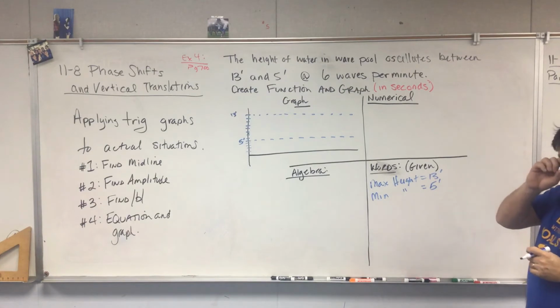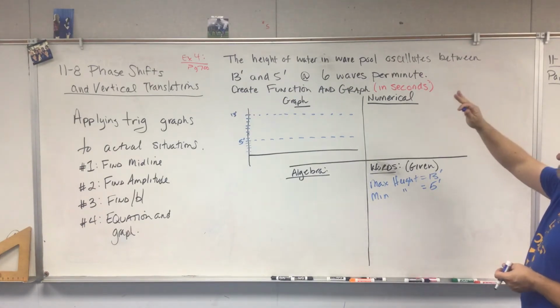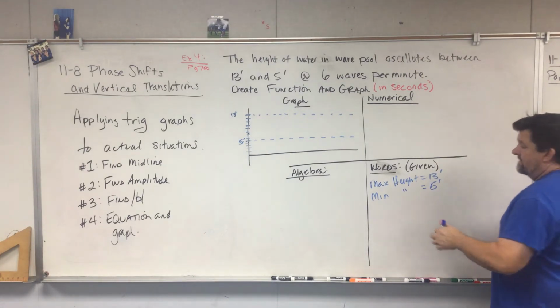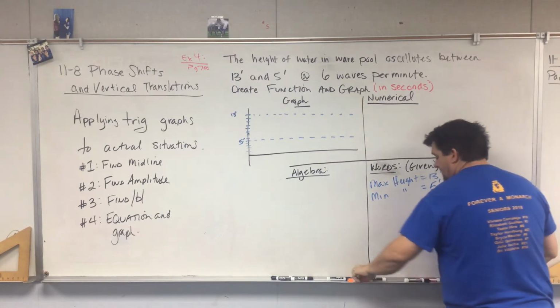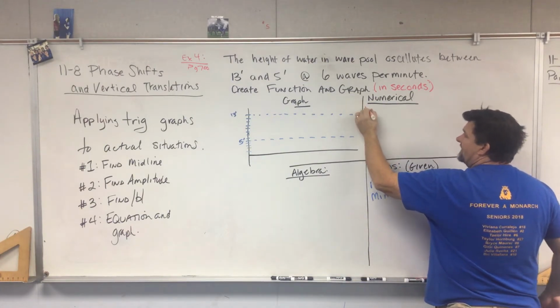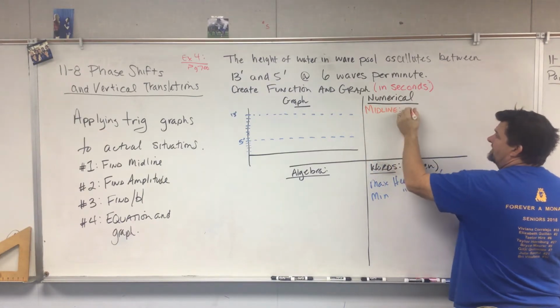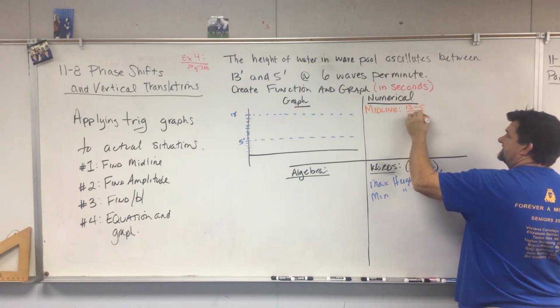I know my graph is somewhere in between there, between 5 and 13. It can go no higher than 13 and no lower than 5. So what's my midline? I'll find it in orange. We're going to do our maximum minus our minimum divided by 2.